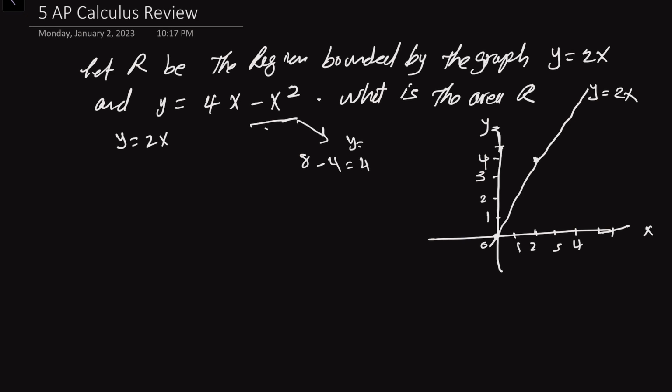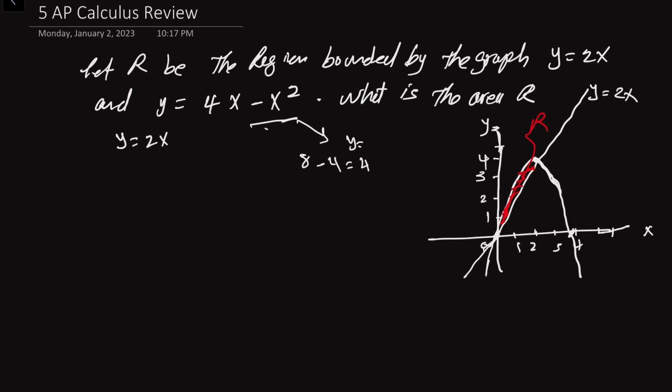So x equals 2, y equals 4. This is the second point here. If we complete the graph, substituting different values, this function will look like this. And he wants to know this area here. So we can call this R.